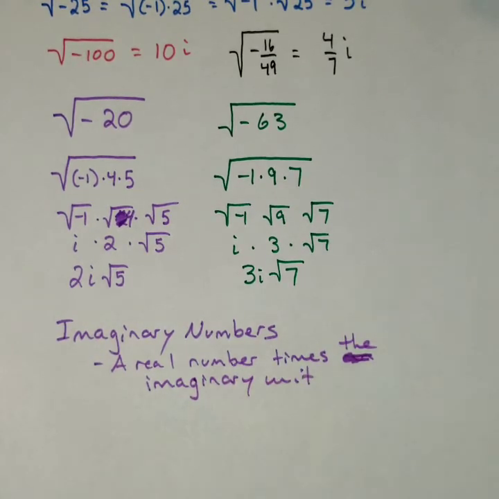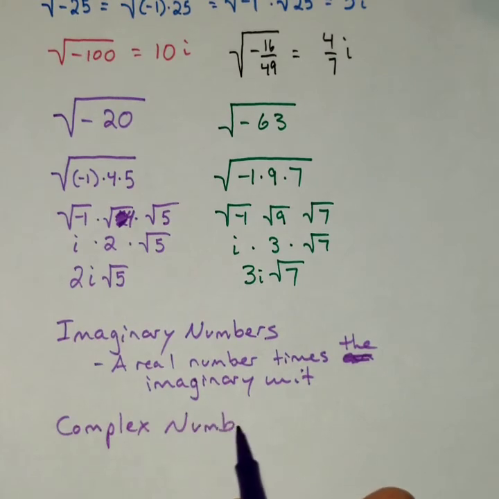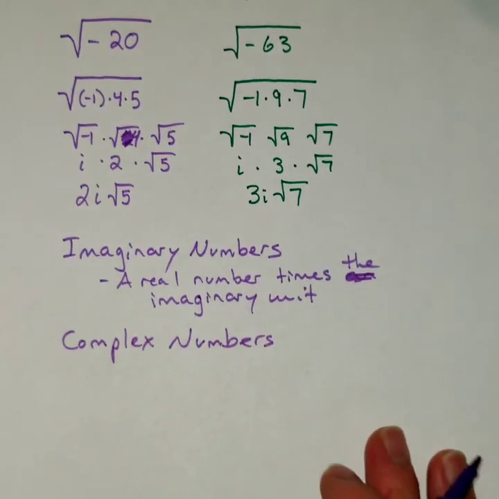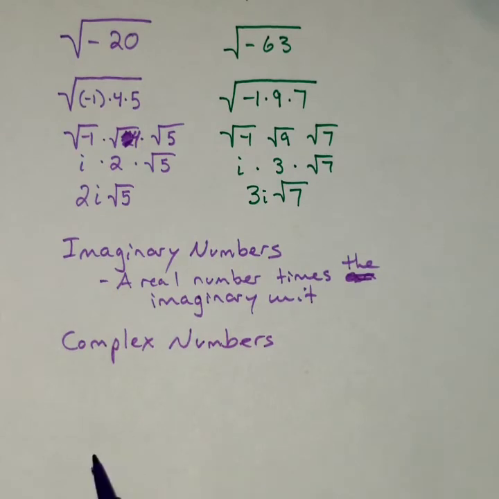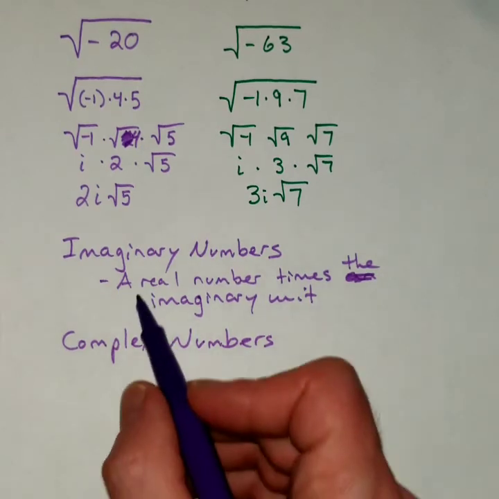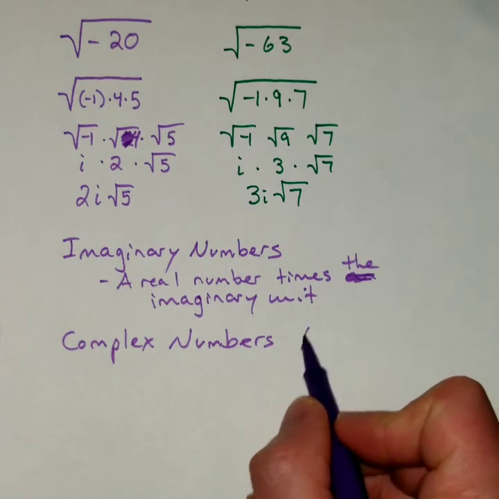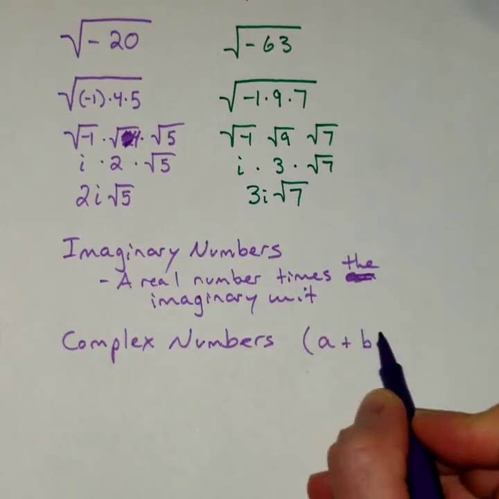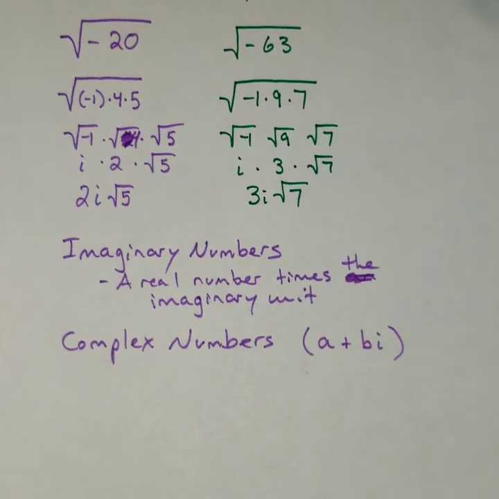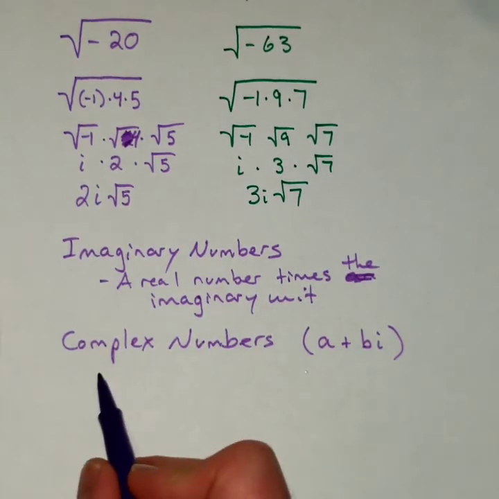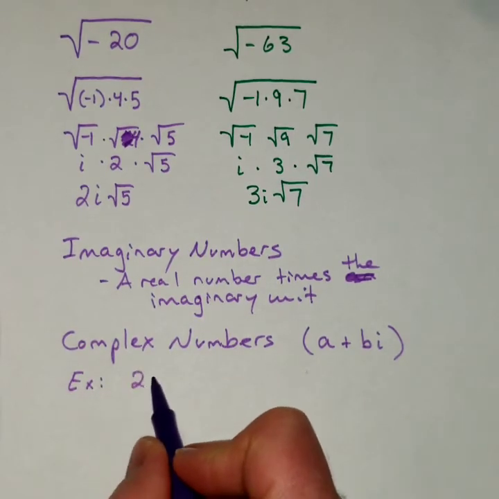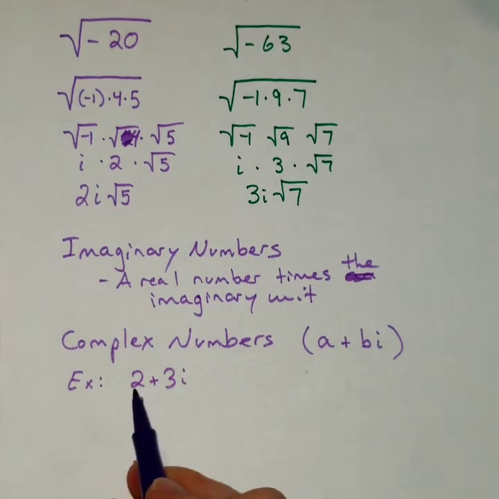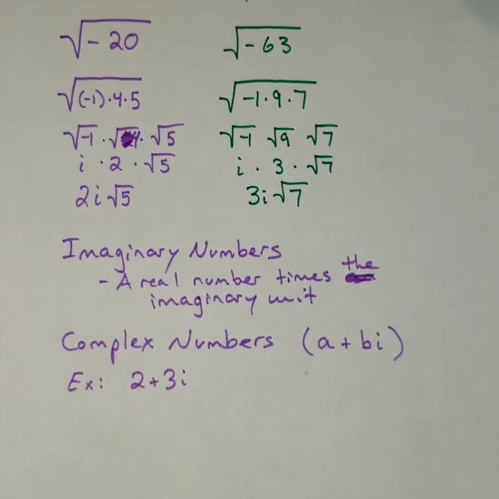We're also going to see something called complex numbers. And complex numbers are a combination of real numbers and imaginary numbers. In fact, complex numbers are always written in the form a plus bi, where a and b are real numbers. Some examples of complex numbers are things like 2 plus 3i. Here you have a real number and an imaginary number added together.